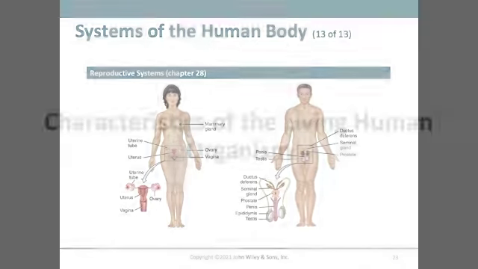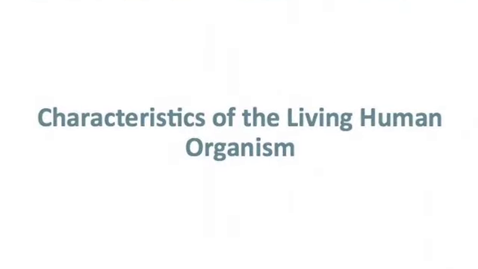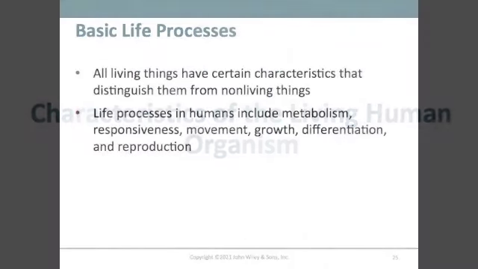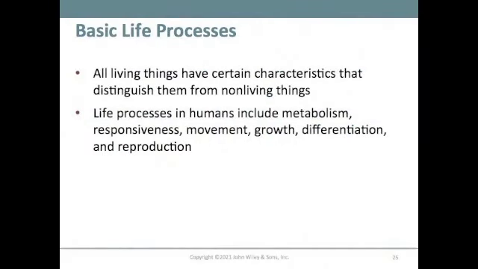We have the characteristics of the living human organism. Basic life processes. All living things have certain characteristics that distinguish them from non-living things. This was really basic biology, right? There's 7 characteristics that are required for something to be considered alive.